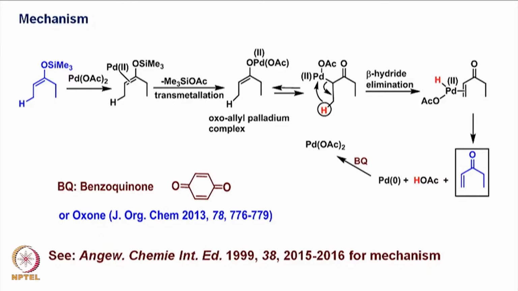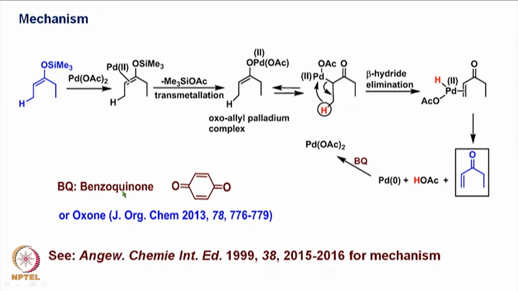Now what is the mechanism of the Saegusa-Ito reaction? For that we have to understand that palladium 2 salts such as palladium chloride, palladium acetate or palladium trifluoroacetate react with a double bond, particularly an electron rich double bond, to form a pi complex.